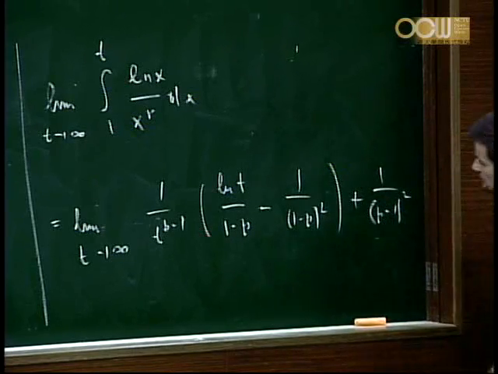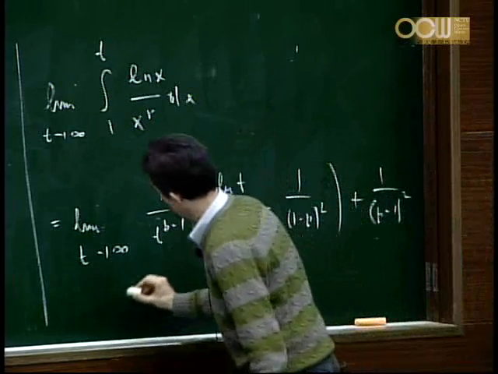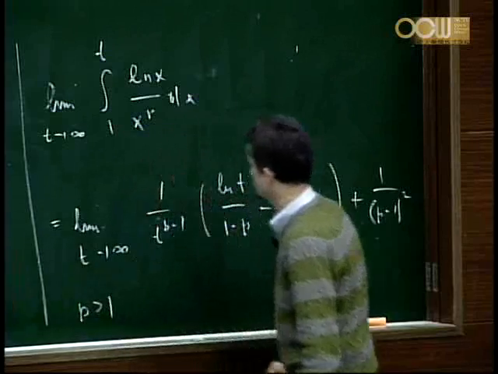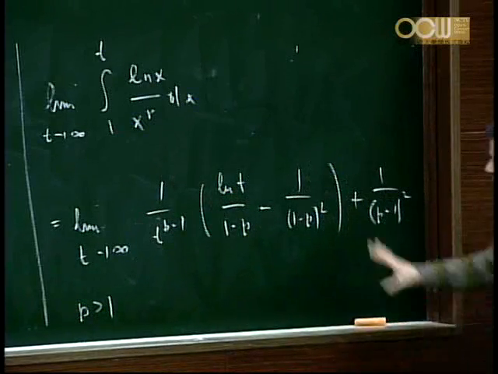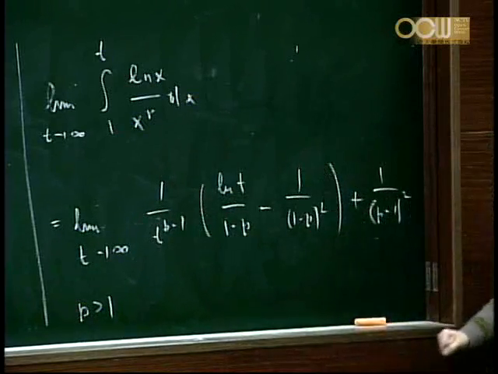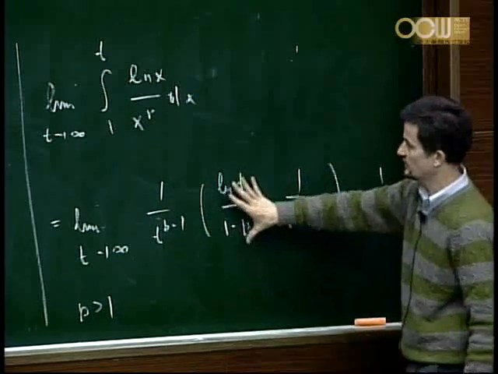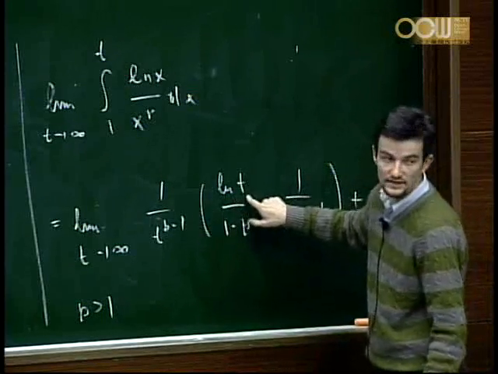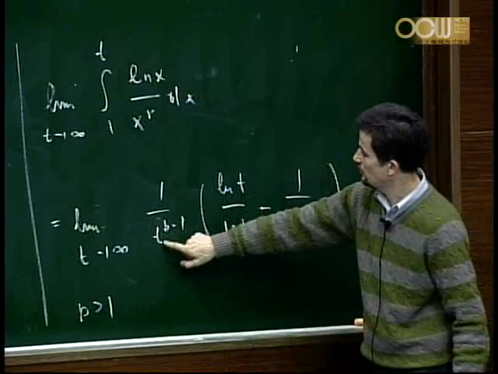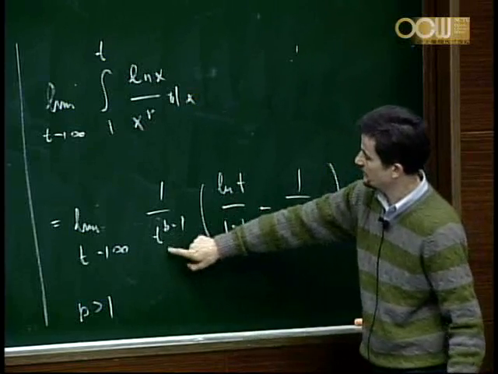Now you see that you have to look at two cases. If p is larger than 1, then this limit will be equal to 0, because this is just a constant, and here you have ln of t, and we know that a power will tend faster to infinity than the ln of t as t tends to infinity.